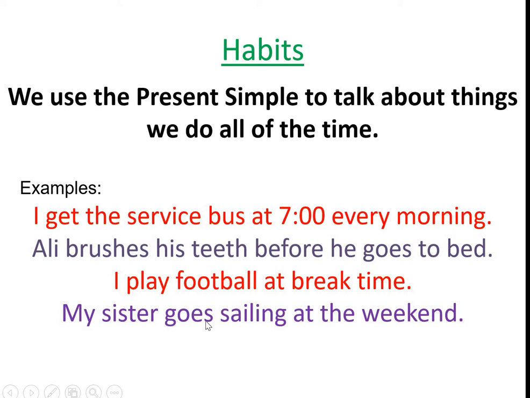Because of that we put S or ES to the verb. Here we have go, it ends with O. So if it ends with O, we put ES. So my sister goes sailing at the weekend. All of that is talking about something we do all of the time. So if we are going to talk about things we do all the time, we call this a habit, we call this a routine, so you can use present simple to talk about these things.